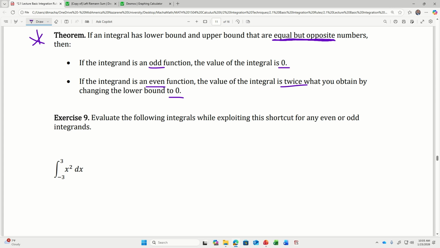So I'll give you some examples. Evaluate the following integrals while exploiting this shortcut for any even or odd integrands. So is this integrand even or odd? It's even. Yeah, x squared is an even function. So according to this rule, the second bullet point right here, I should be able to change the lower bound of this integral to 0 and double it, or multiply by 2.